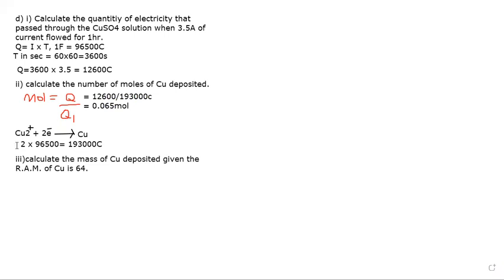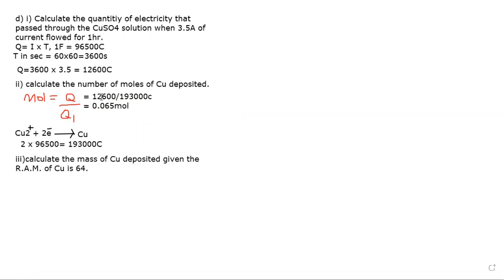I multiply the 2 by 96,500. So it takes 193,000 coulombs to produce 1 mole of copper. So by dividing the quantity of charge we calculated from the question, which was 12,600, by the amount based on the half equation, we will get the number of moles.